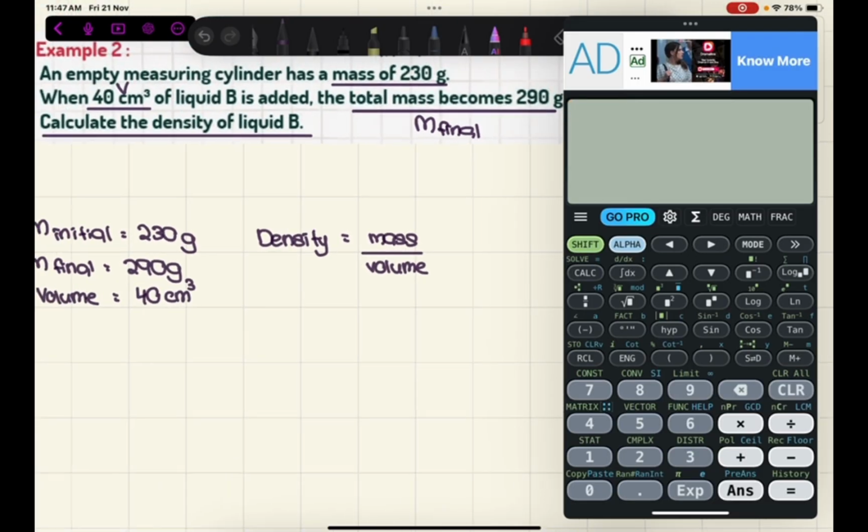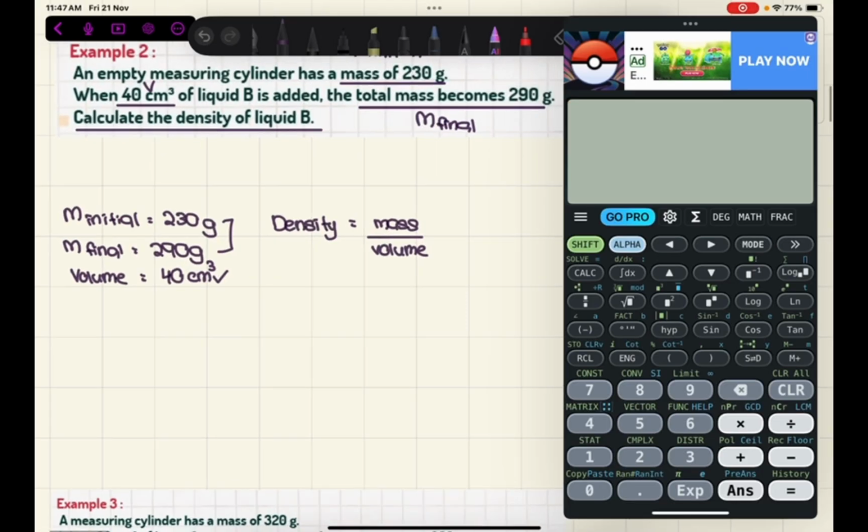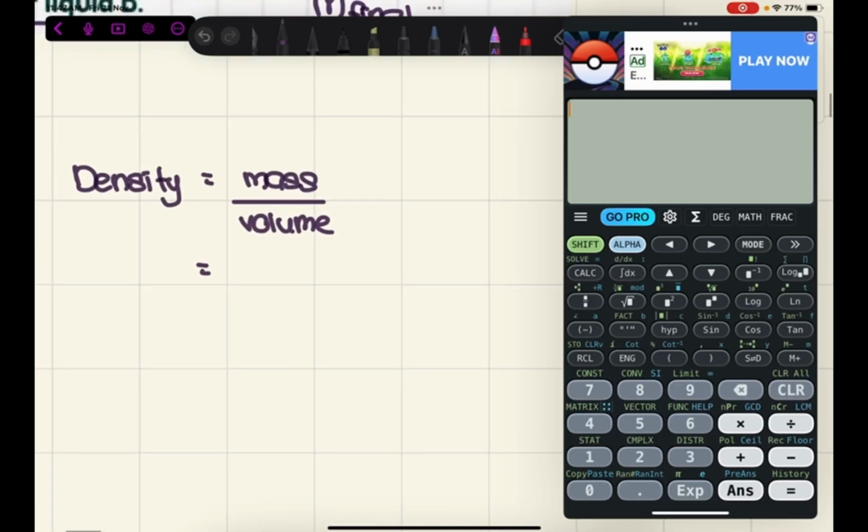So from the information that we get from the question, you have volume. How about the mass? You have two types of mass, so you need to use the formula final minus initial. You know, right? Okay, so let's do it together. M final minus M initial, M is mass, divided by the volume.